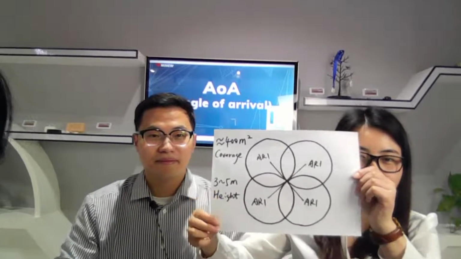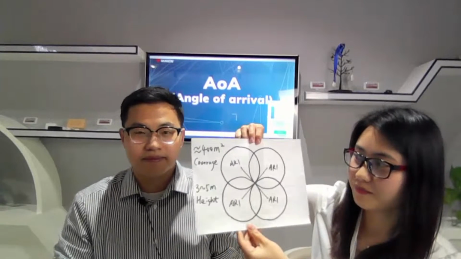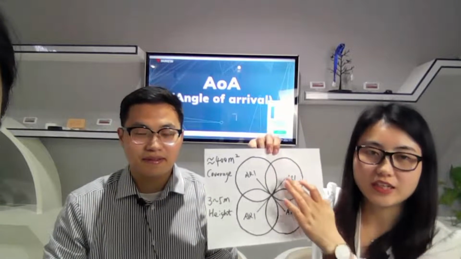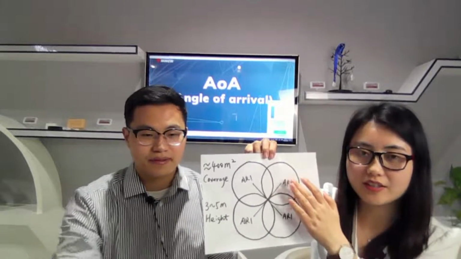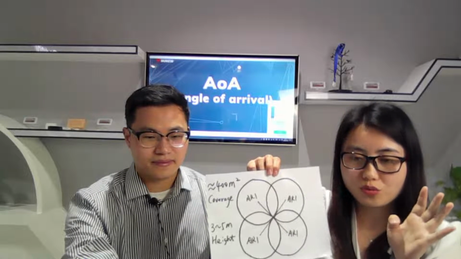Okay, Julie, could you share how large an area this could cover? Yeah, I can show you the picture. Here is how it covers the range. One set of AoA kits can cover around 400 square meters.